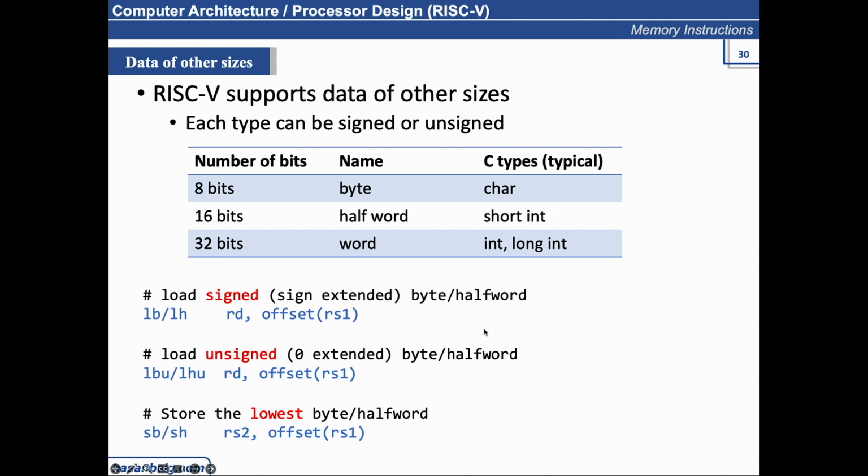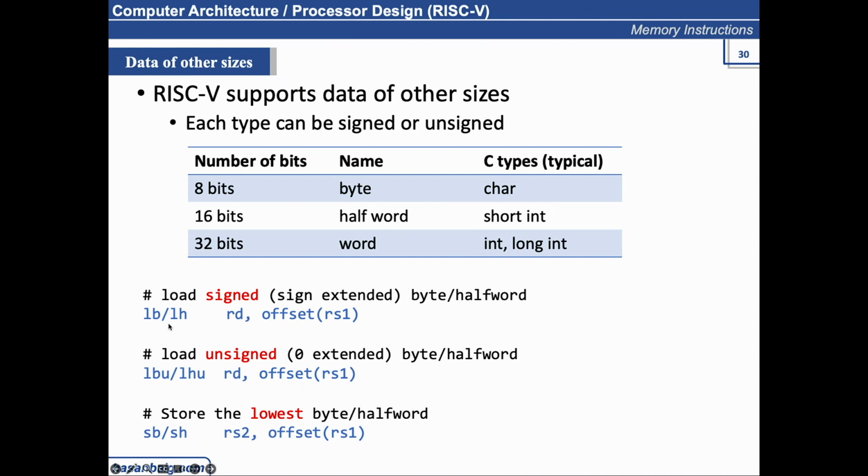When you are loading one byte from a memory into a register, the register size is 32 bits. So the first 8 bits will be holding the actual byte that you are loading. What happens to the upper 24 bits? That will depend on which instruction we are using.